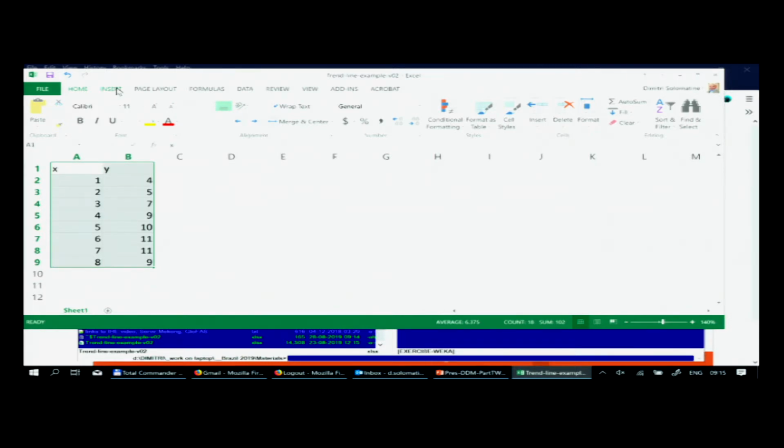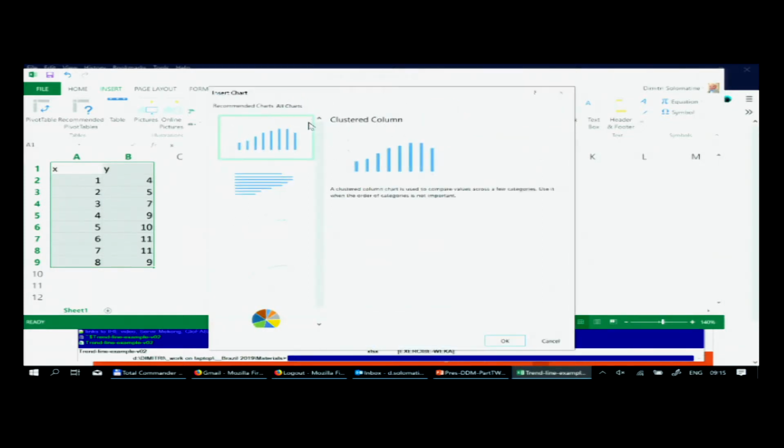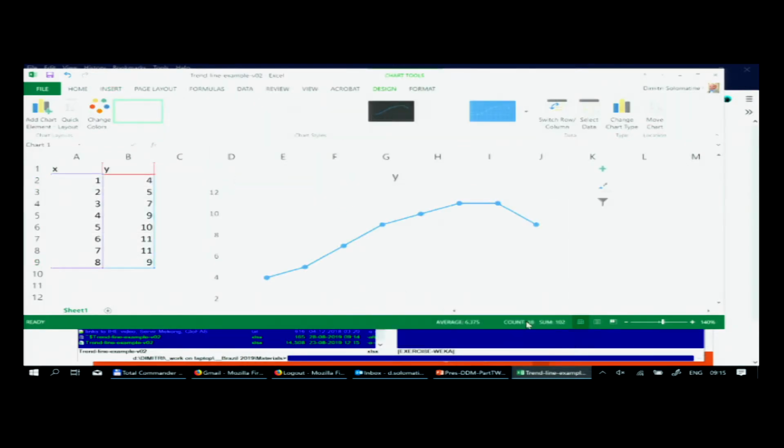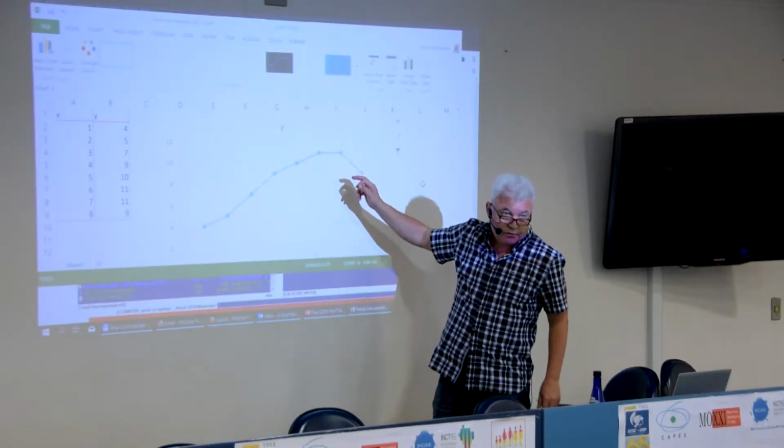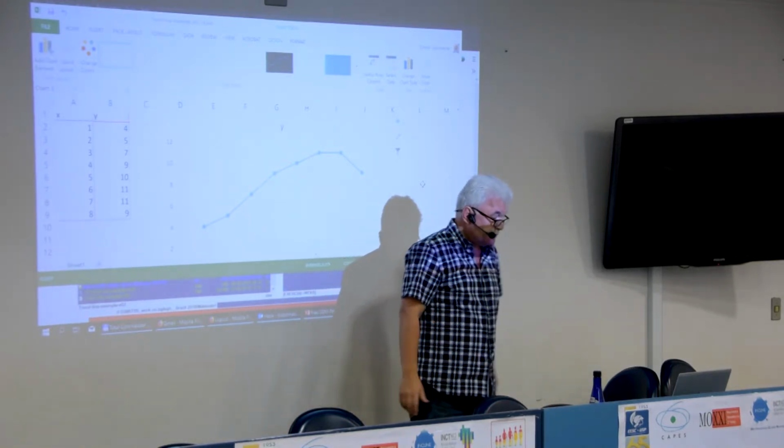Done with the numbers? Okay, so we say insert, and we insert recommended charts, and please insert this chart, which is scatter with straight lines and markers. So this is obviously a non-linear relationship. Okay, so let's try to build our first data-driven model.